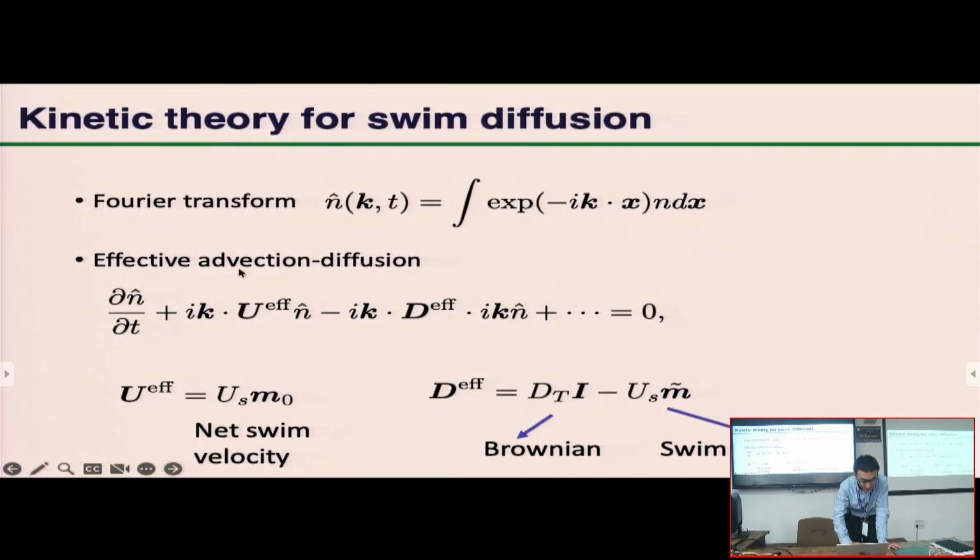And if we stare at this second equation, can you tell me what kind of equation that is? What type of equation is this one? I guess the answer is given there, but why is that an advection diffusion equation? Any suggestions?